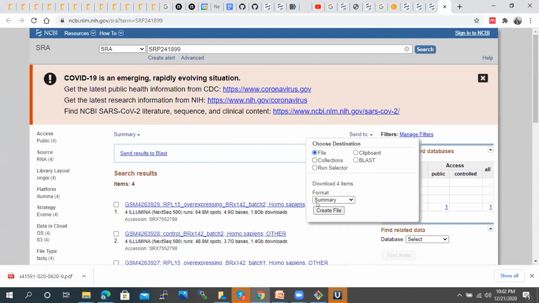You can generate that and create this file. It will produce your SRA run table.